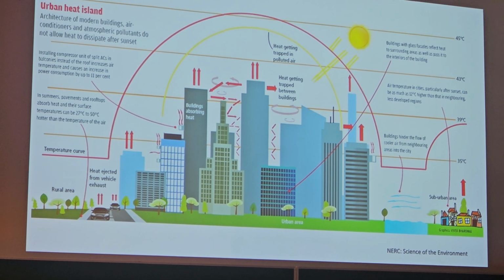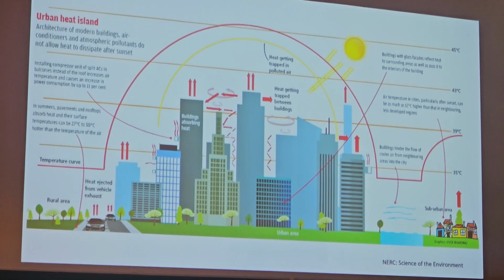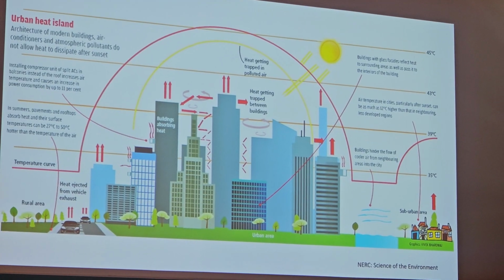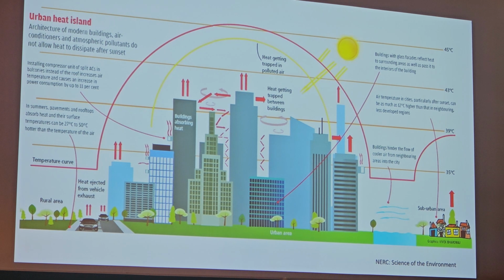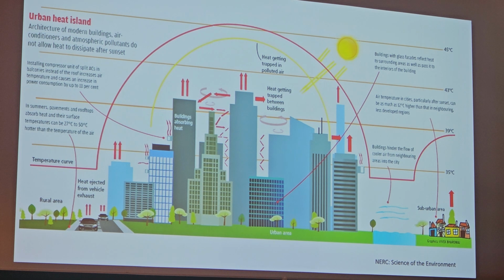And why is that interesting to understand some of those principles? I think it's interesting if we start to understand the heat island. So when we have settlements, whether it's small villages or very big cities, we can have an urban heat island effect.